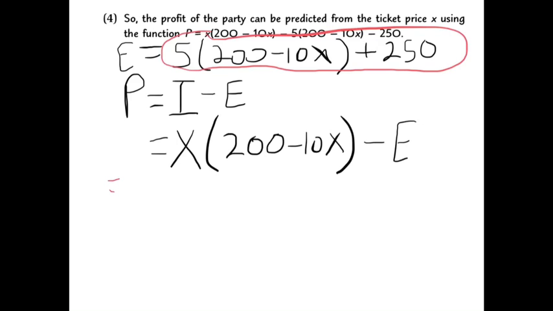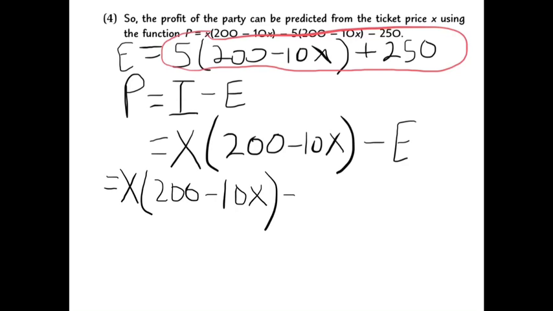So P equals x times 200 minus 10x. And then we're subtracting the parts of E. Minus 5 times 200 minus 10x.